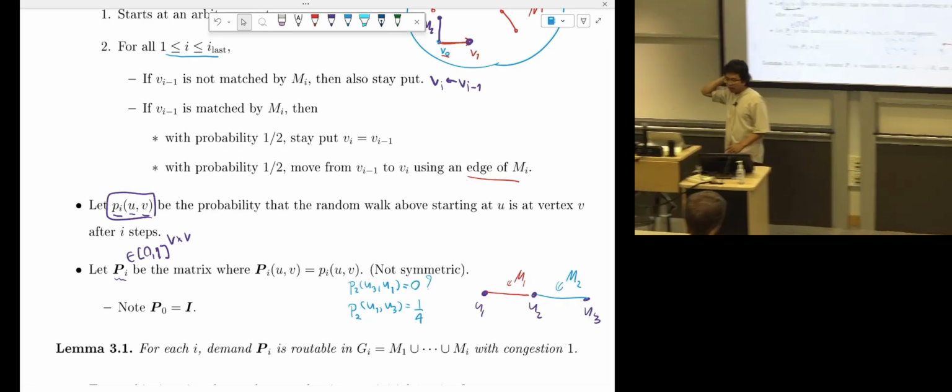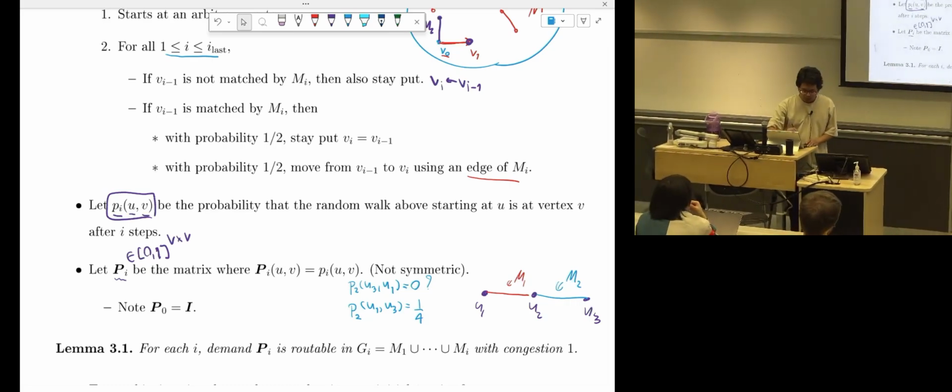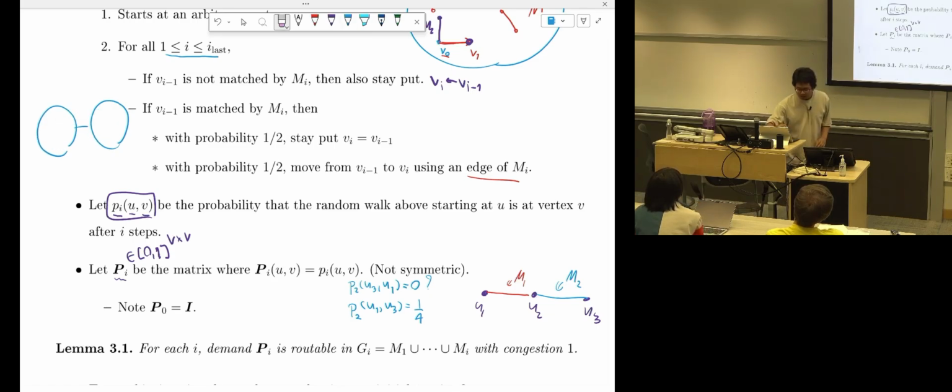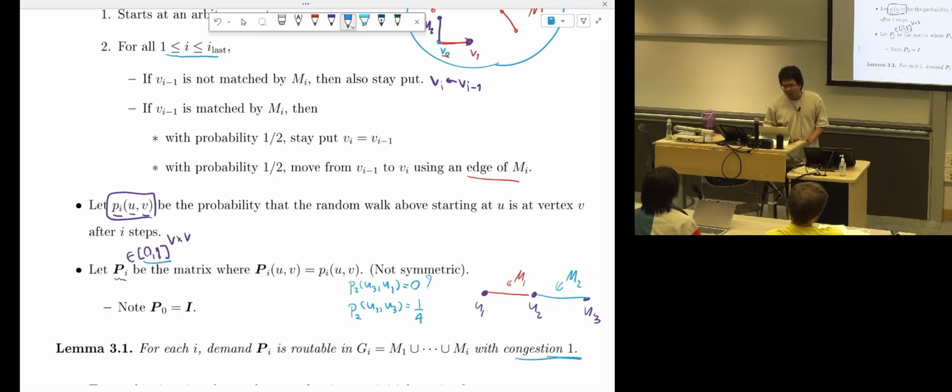For example, when you have this graph, and I want to route many demands between these two sides, the congestion on this edge is going to be really huge. So it's true that this is between 0 and 1, but this is still non-trivial.